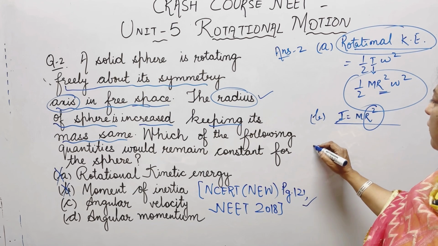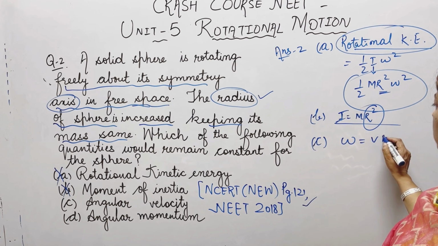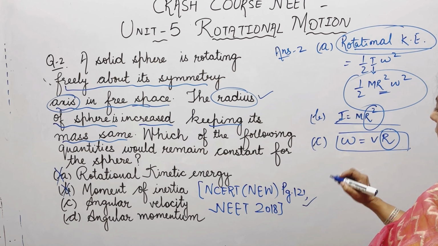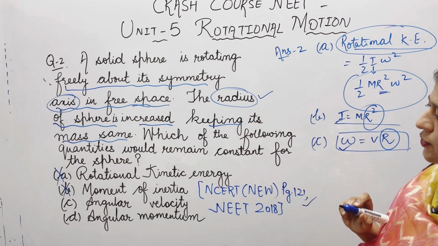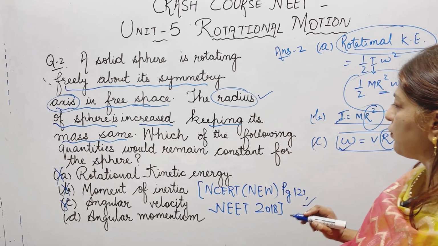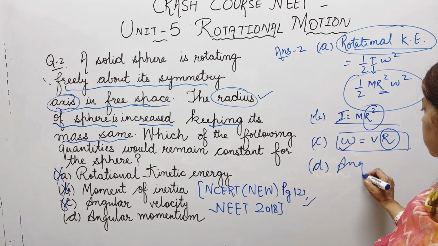Next is the angular velocity. Angular velocity denoted by omega is equal to linear velocity into the radius. Again, it consists of radius, so angular velocity will change on change in the radius of the sphere. So angular velocity won't be the option. It won't remain constant.